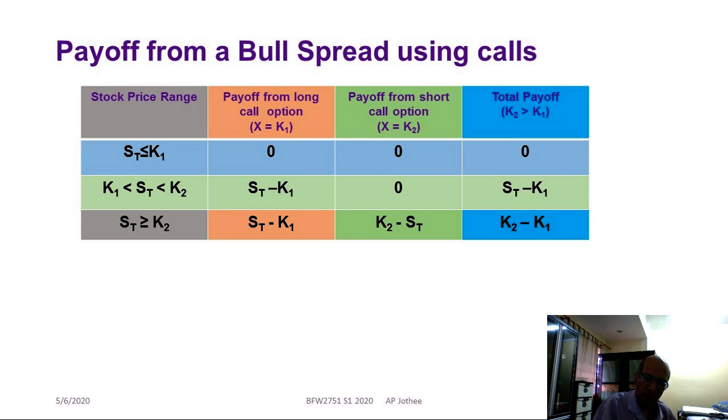Your payoff from the short call is K2 minus ST. If you calculate this algebraically, the positive ST and negative ST go off. What is left now is K2 minus K1. So the payoff function finally ends up at K2 minus K1.